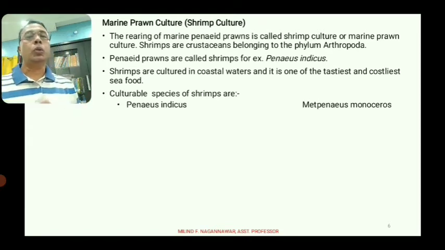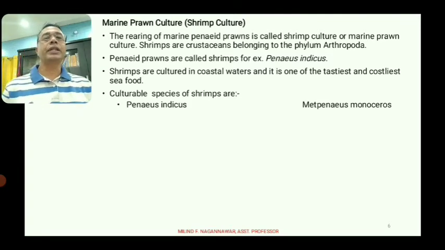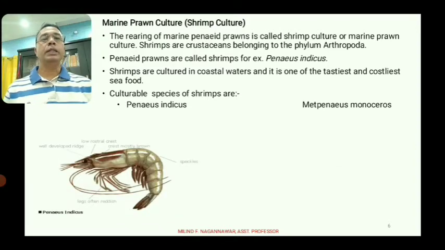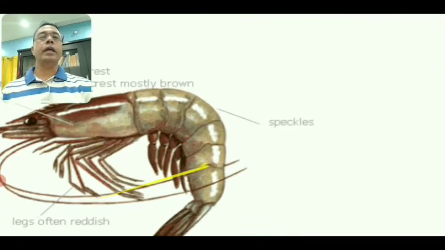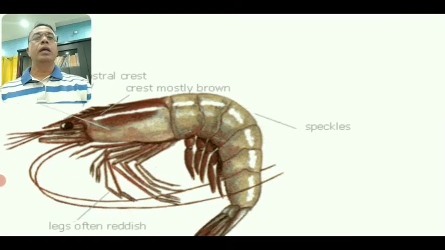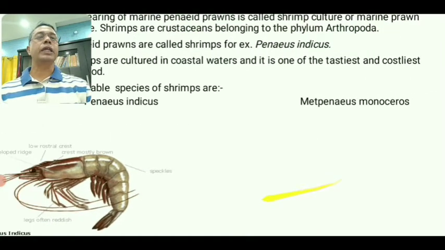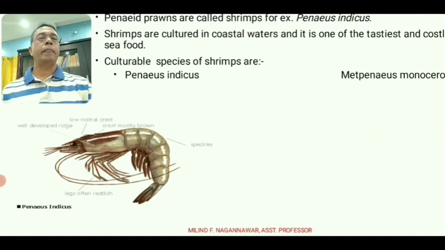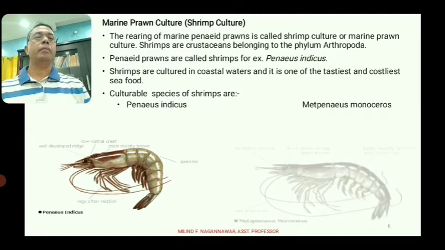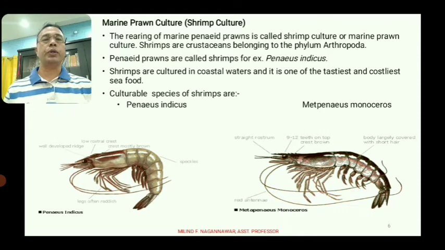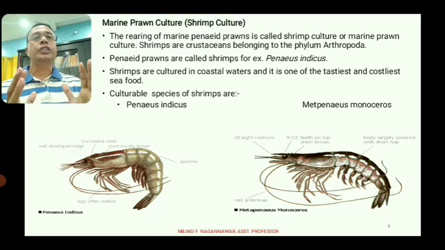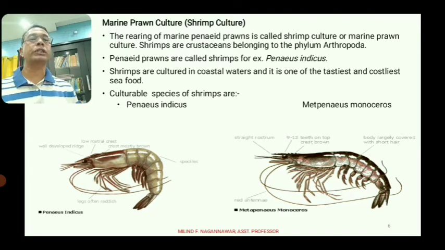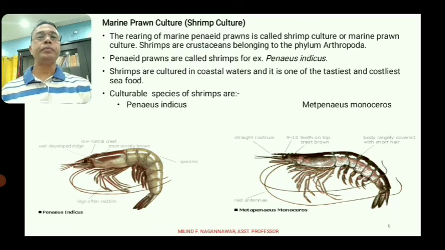The two cultivable species here are Penaeus indicus and Metapenaeus monoceros. So these are the shrimps which are cultured in the coastal waters, and it is one of the tastiest and the costliest seafood.